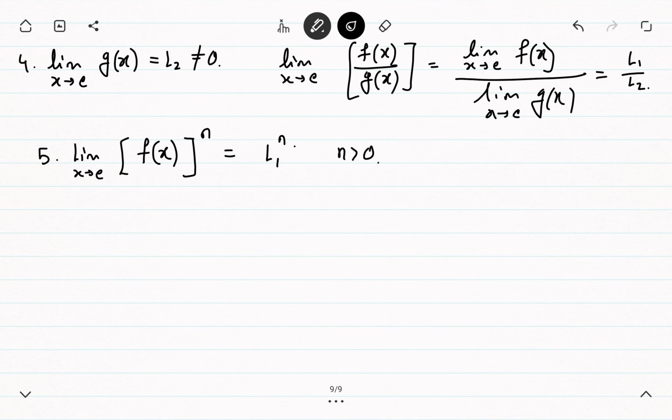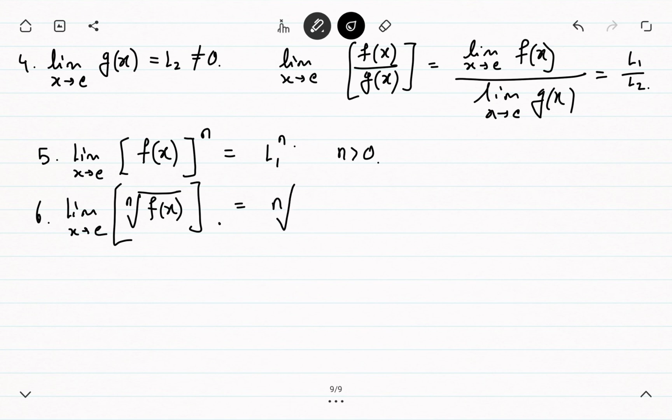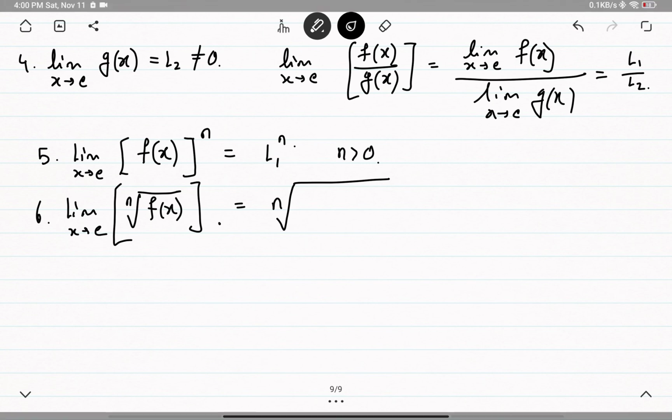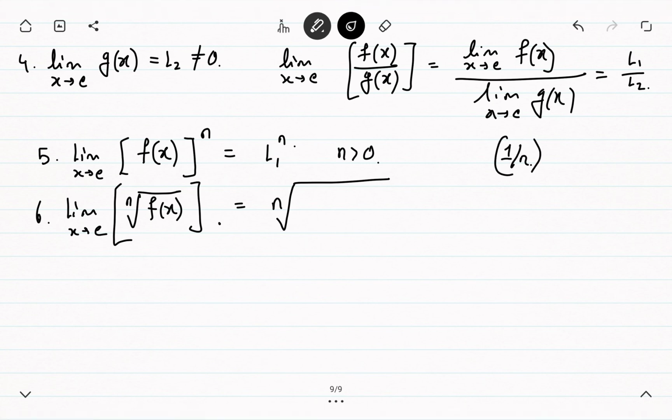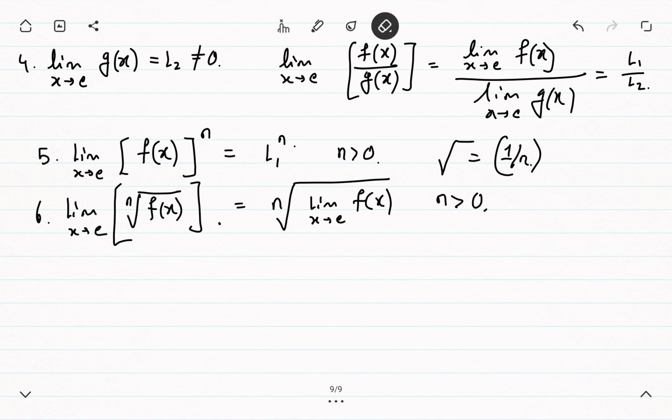And if I take the nth root of f of x and take the limit, nth root is something like 1 by n, right? So that's why we are writing this way, for n positive.